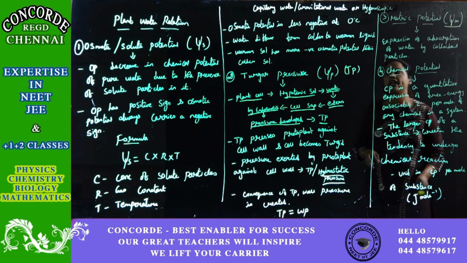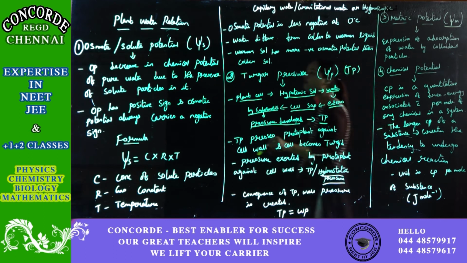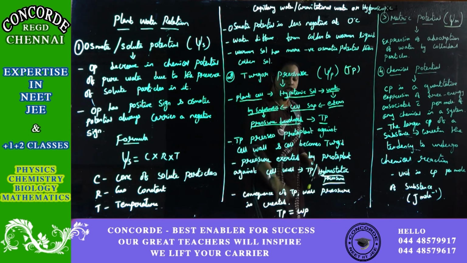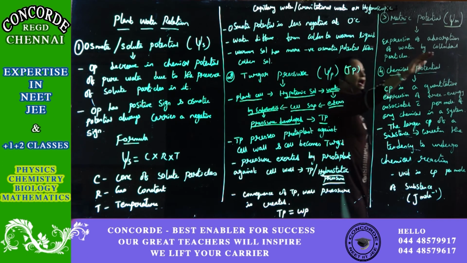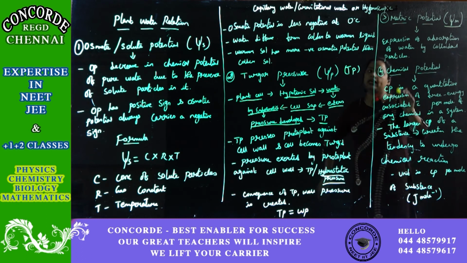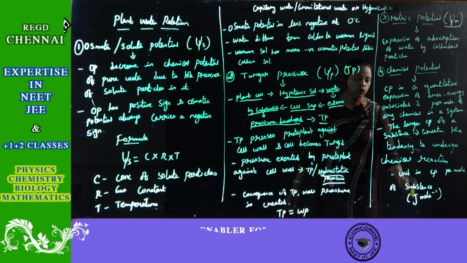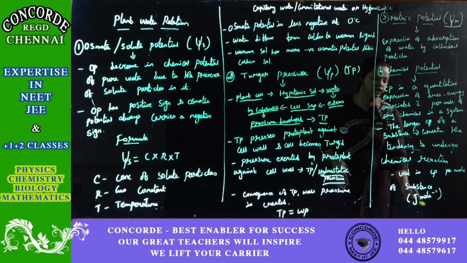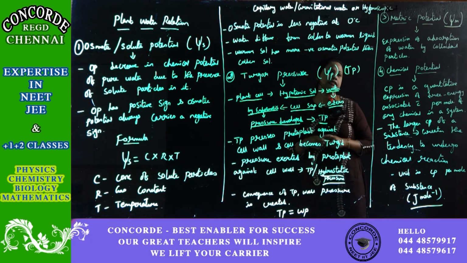As you all know, I have given you the formula for osmotic potential, Turgor potential and matric potential. That's exactly applicable for chemical potential also. Here, per mole of substance, the unit of chemical potential is J mole minus 1. This determines the chemical potential.